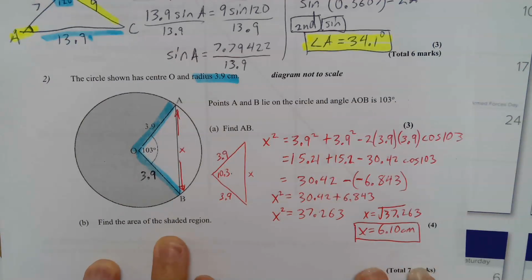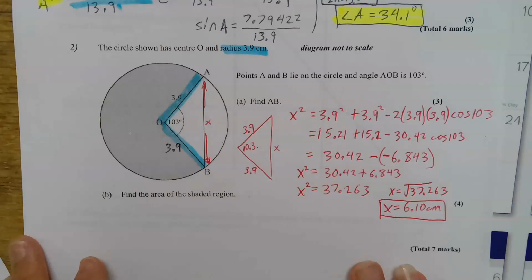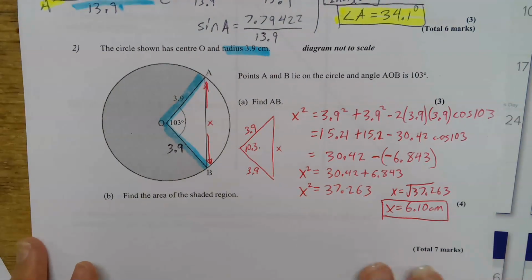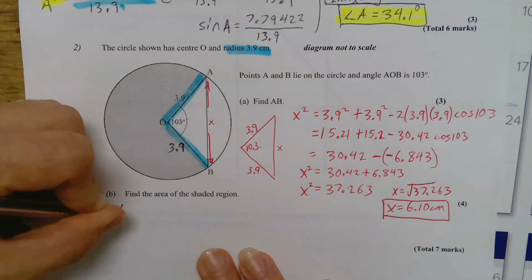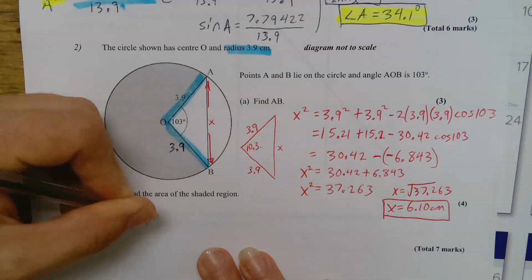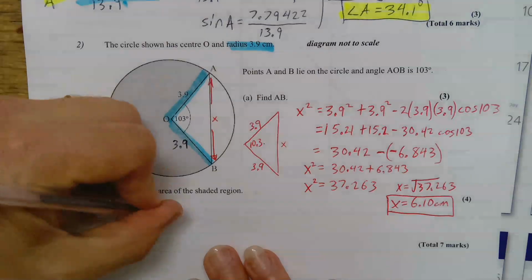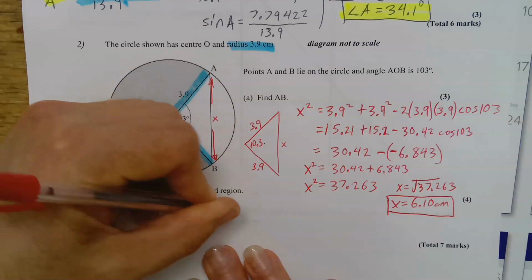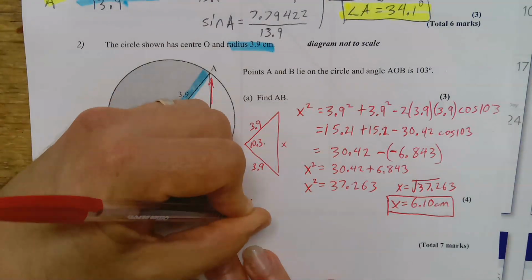Now we need to find the area shaded. So what I would do is I would find the area of the circle. So the area shaded is equal to the area of the circle minus the area of the sector.